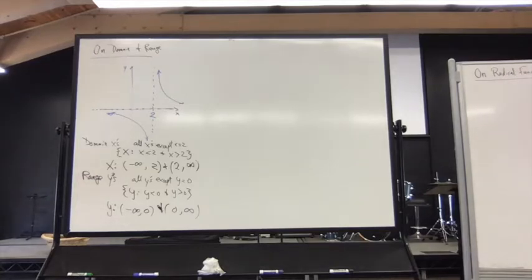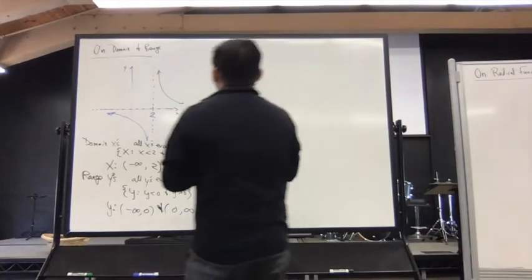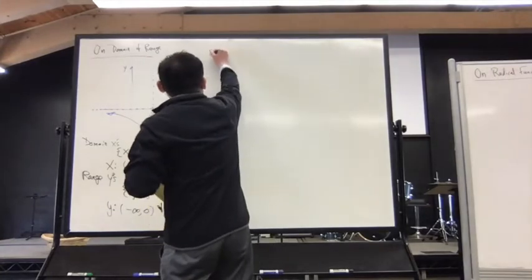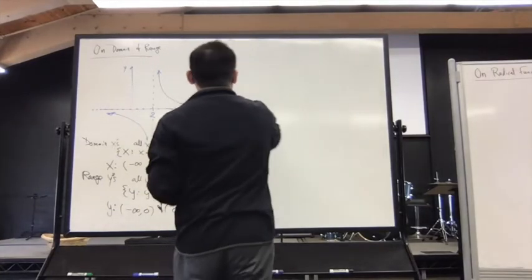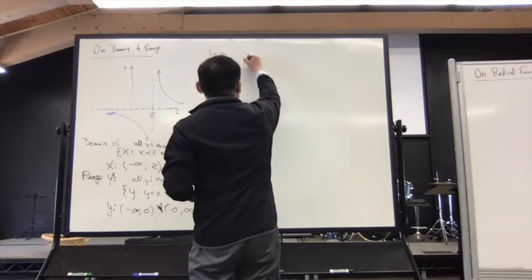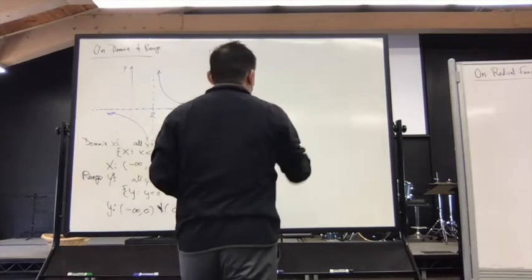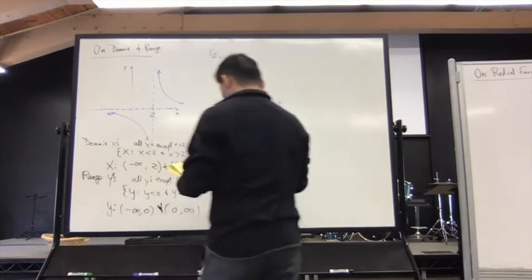Now I'm going to ask you: here's an example, and I want you to tell me the domain and range. I'm going to sketch a graph. This is x and y.